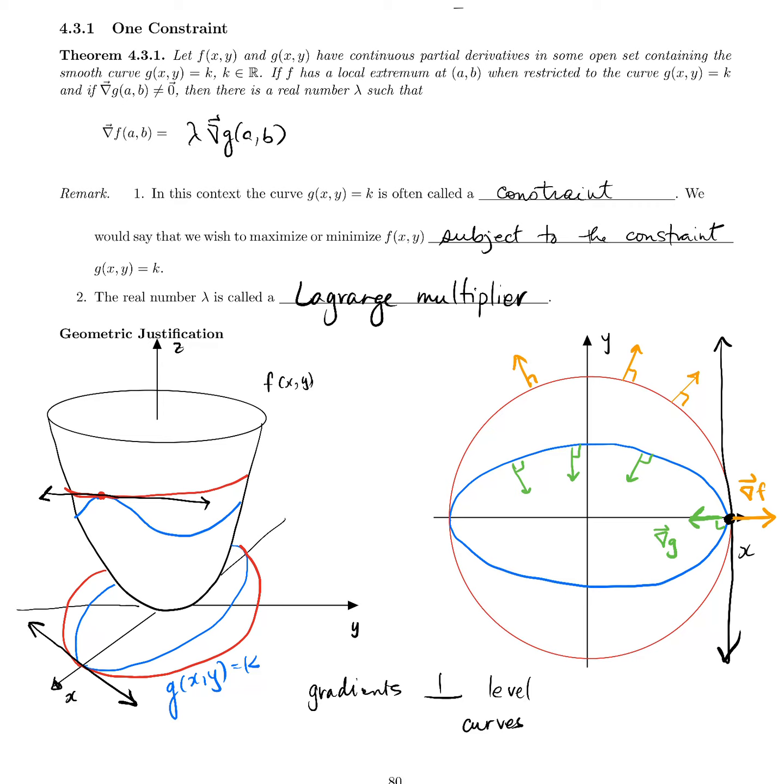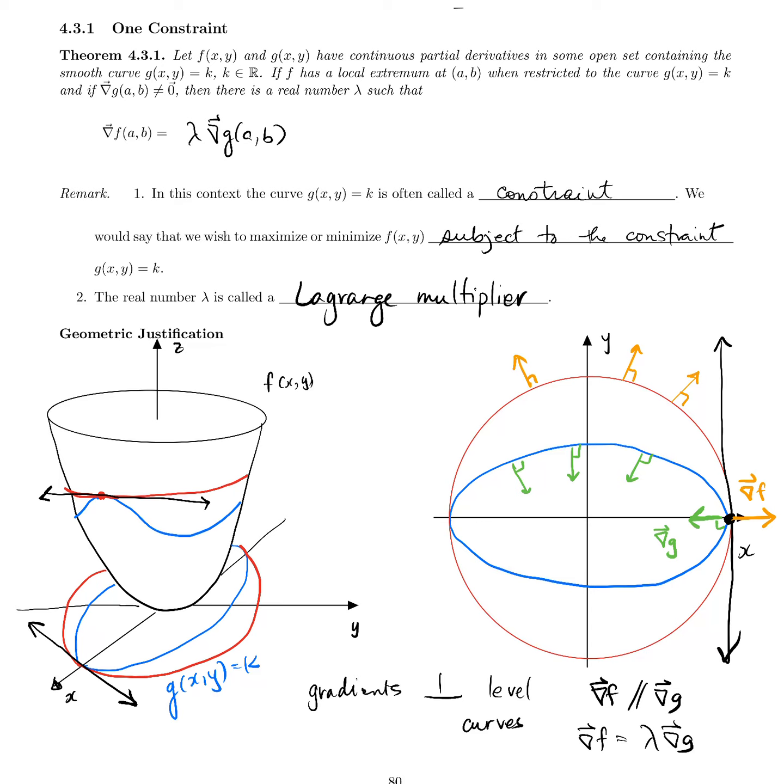And as long as neither is 0, then they are parallel. Well, depending on your definition of parallel, it could be when they're 0 as well. But we have the gradient of f parallel to the gradient of g. And if they are parallel, then they are scalar multiples.